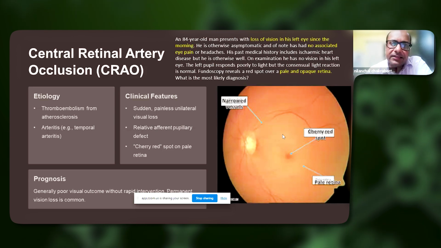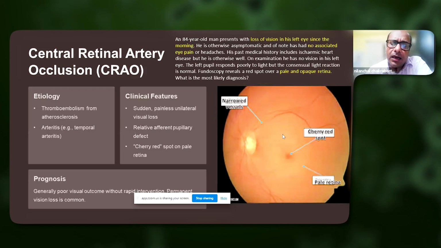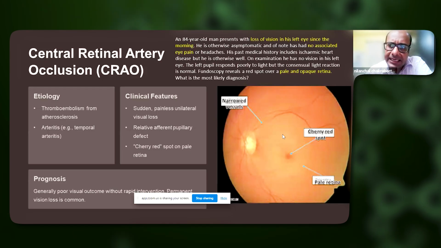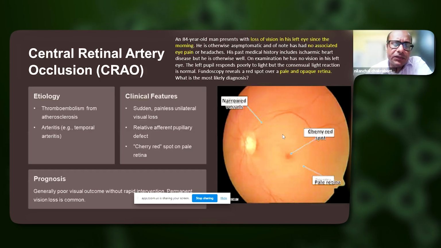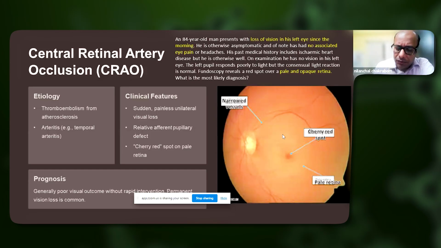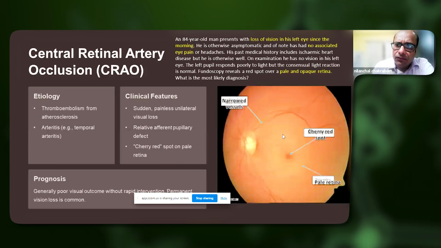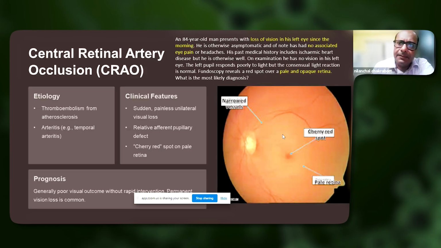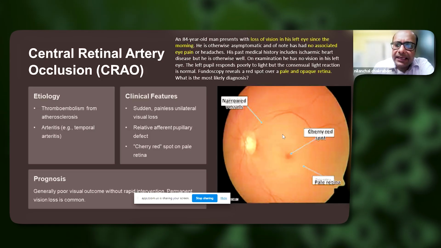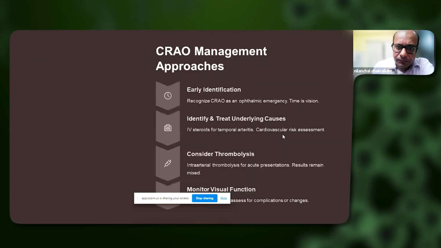The pathognomonic ophthalmological features are narrowed blood vessels, a cherry red spot, and a pale retina, which go in favor of central retinal artery occlusion. So it's an arterial occlusion, a pale retina in a vasculopathy patient who is elderly, maybe diabetic, hypertensive. Most important, sudden painless visual loss with very pathognomonic ophthalmological features.